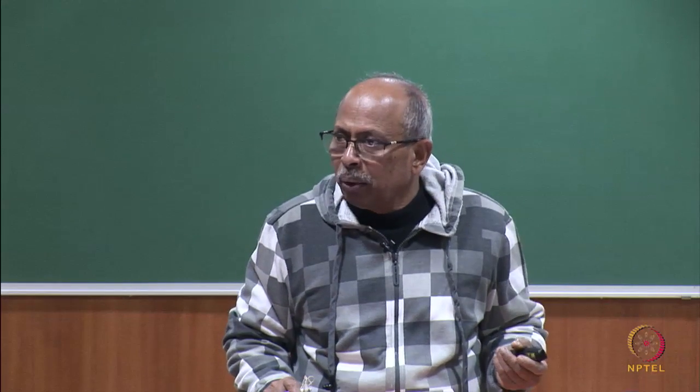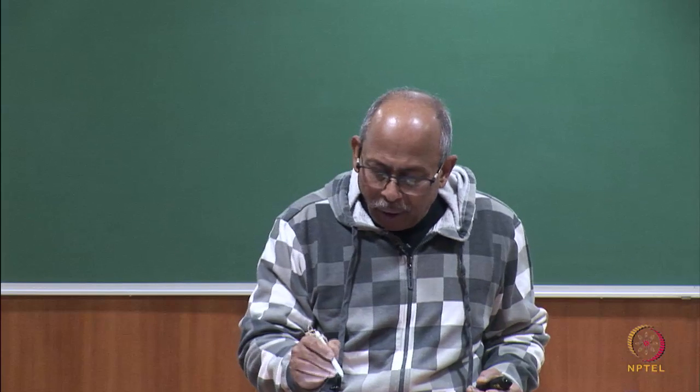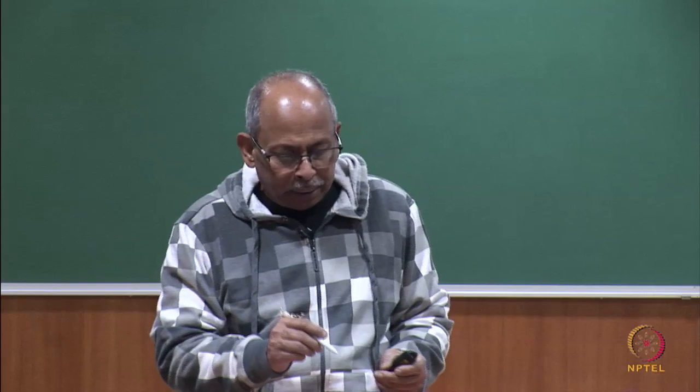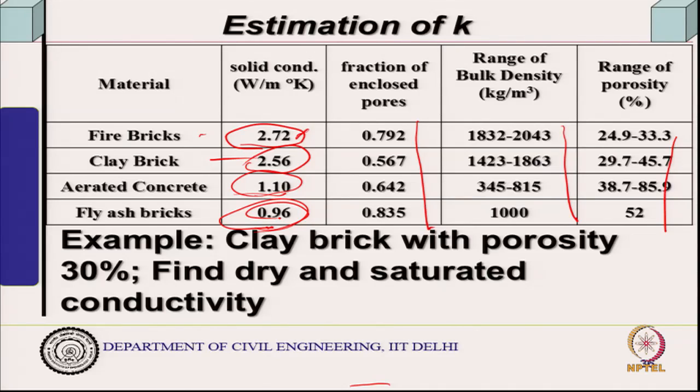So, they have a larger amount of alumina, and therefore their conductivity of solid is different. Aerated concrete generally has a lot of other material added, common sand and such material, and the effective conductivity of the solid turns out to be this, because the pores must also be included in this. Fly ash brick solid conductivity seems to be lower, because fly ash themselves have low specific gravity. But you can determine this.